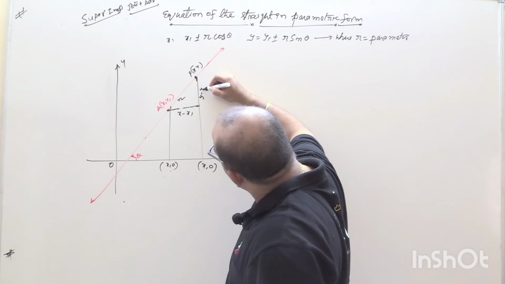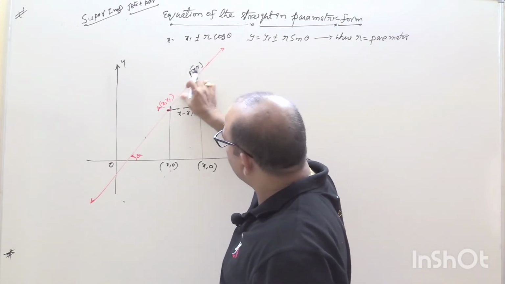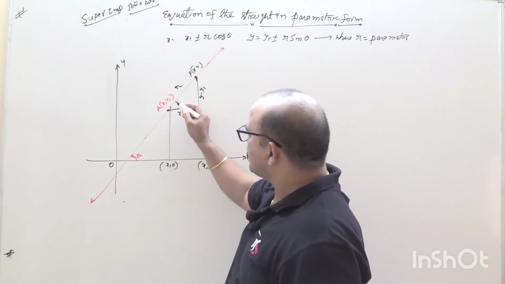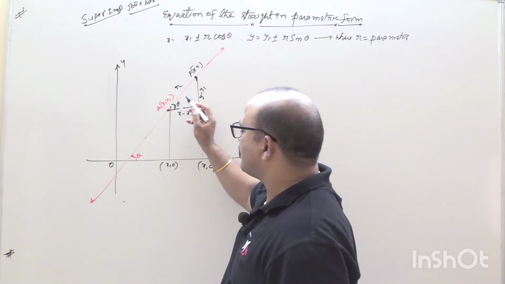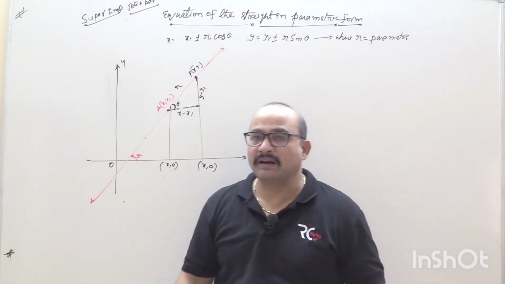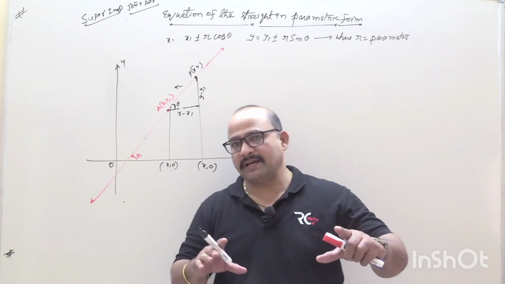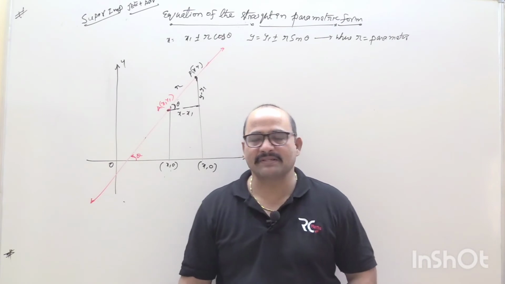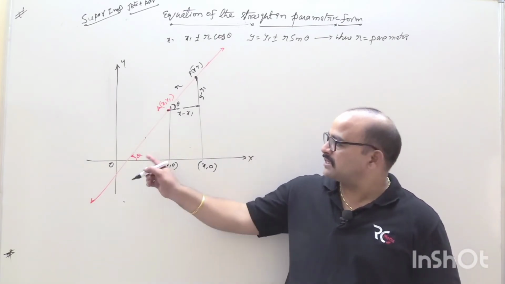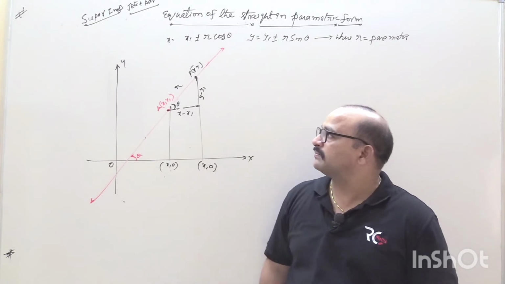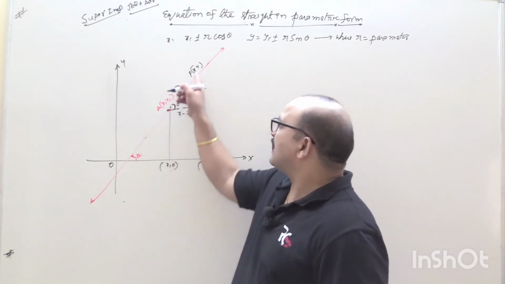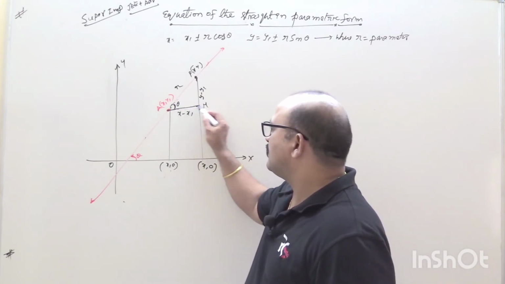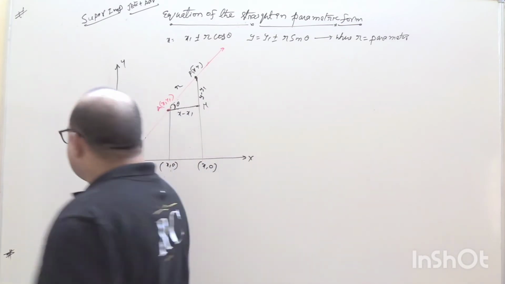These are similar triangles, similarity, not congruent, like your schooling photo and intermediate photo: they are different in size. Here theta is the same. Now for this right angle triangle APM, I am going to apply sin theta and cos theta.